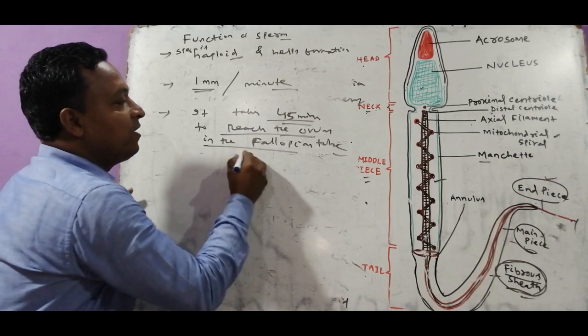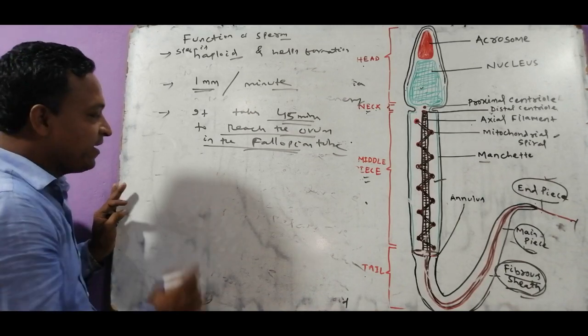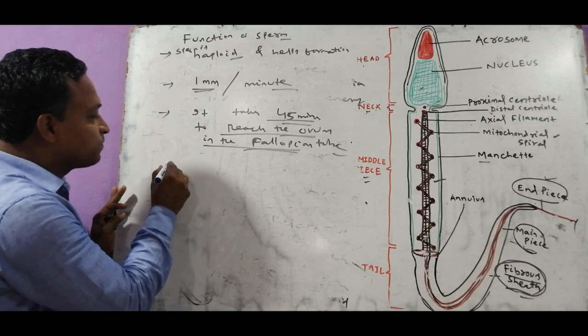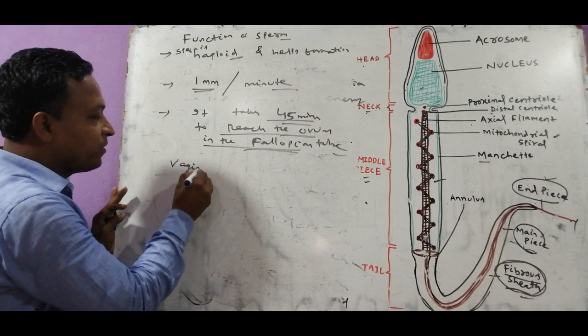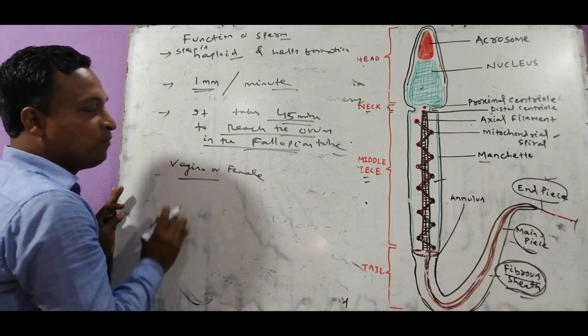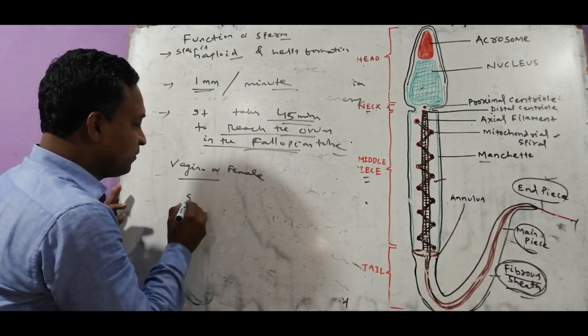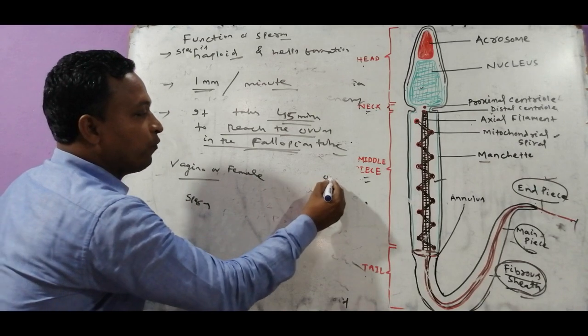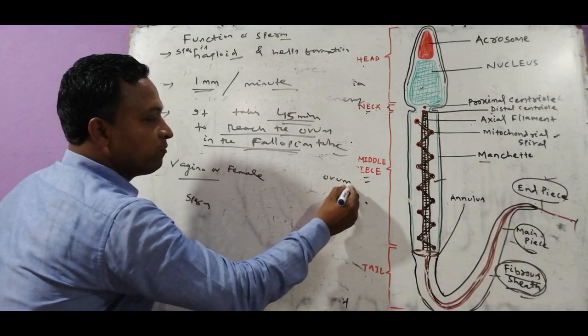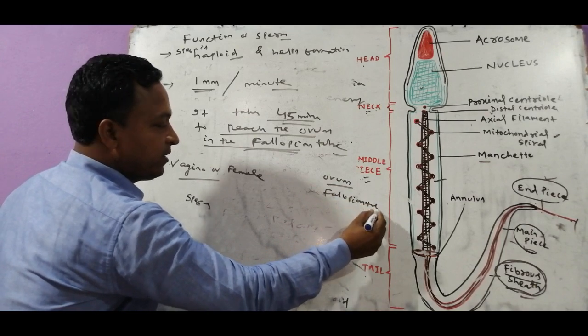We give the sperm at the vagina of the female. The ovum is present in the fallopian tube.